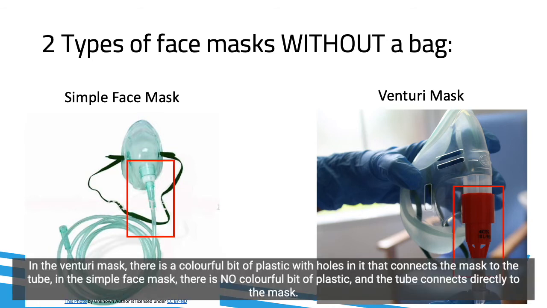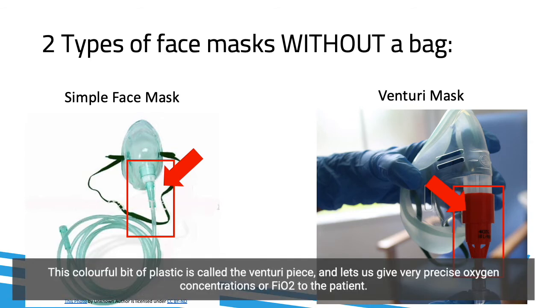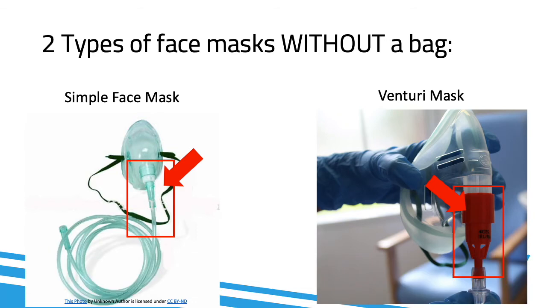In the Venturi mask, there is a colorful bit of plastic with holes in it that connects the mask to the tube. In the simple face mask, there is no colorful bit of plastic and the tube connects directly to the mask. This colorful bit of plastic is called the Venturi piece and lets us give very precise oxygen concentrations or FiO2s to the patients.